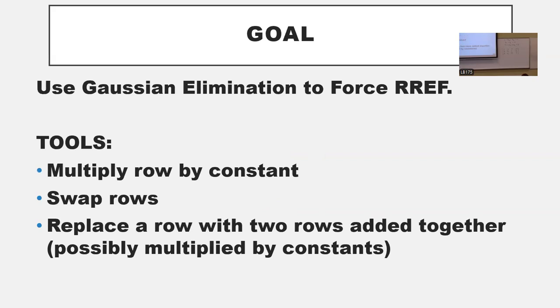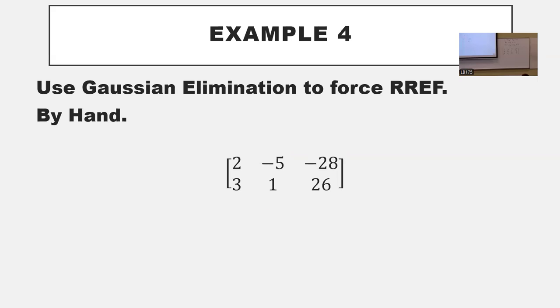So all we're going to do is use those Gaussian elimination tools to produce row reduced echelon form. I'll do this once by hand, but I'm only going to do it once by hand. Then I'll turn to my calculator and show you how to do it by calculator. But I do want to show that it is possible to do it by hand.